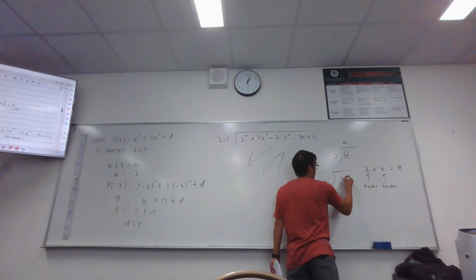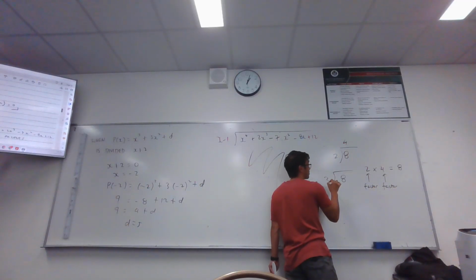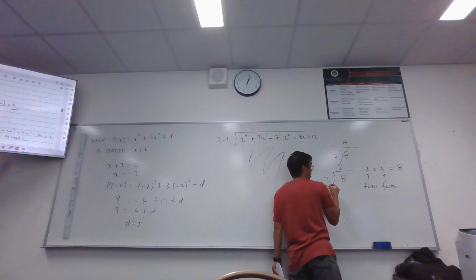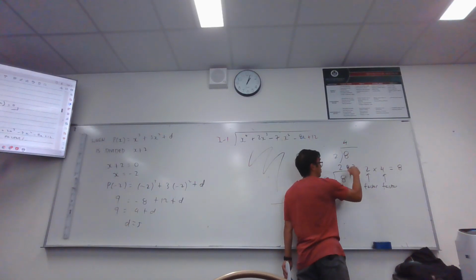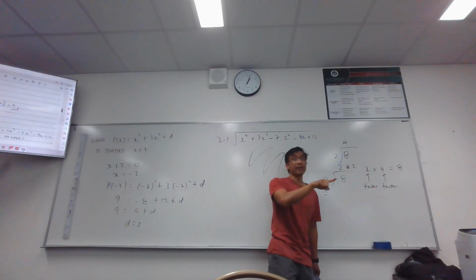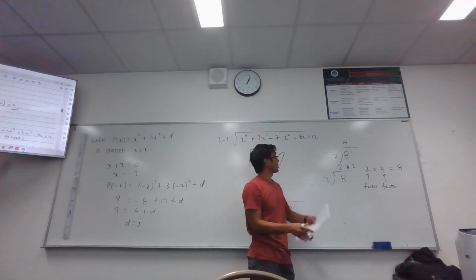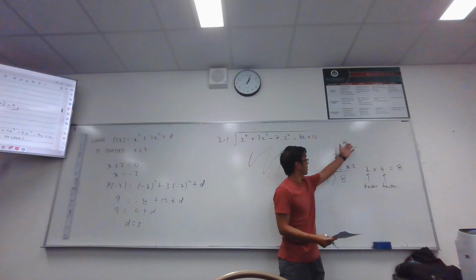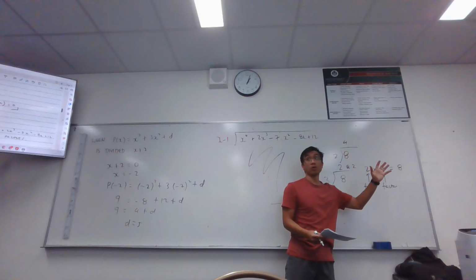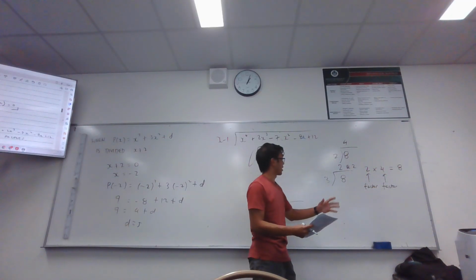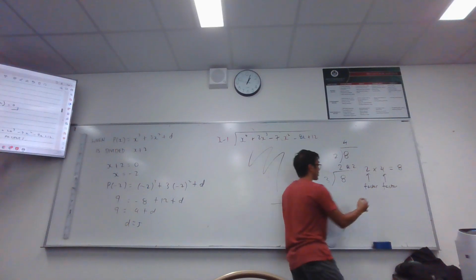But if we did it again with the 3, it will be 2 times 3, 6, remainder 2. A remainder pops up, not a factor. Factors, remainder 0, which is what we want. Okay? What's the difference here?